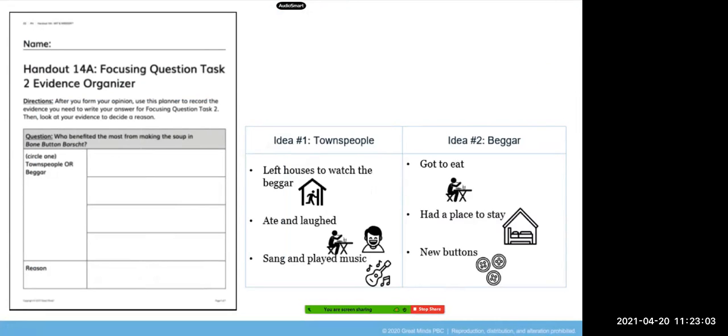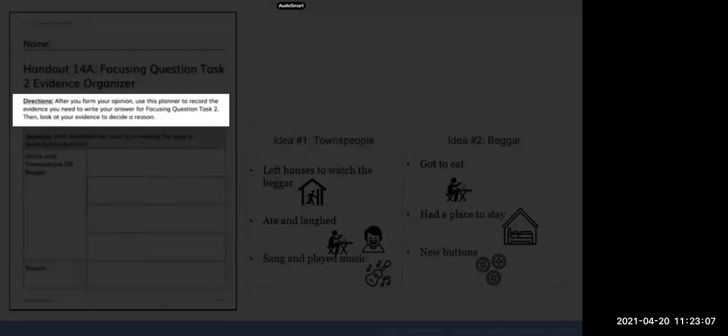Let's take a look at the directions on handout 14A. The directions tell us, after you form your opinion, use this planner to record the evidence you need to write your answer for focusing question task 2. Then look at your evidence to decide a reason.